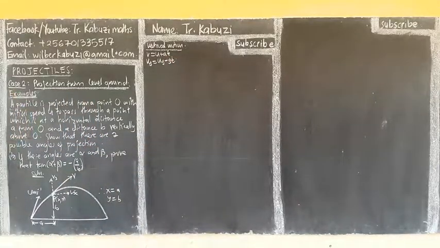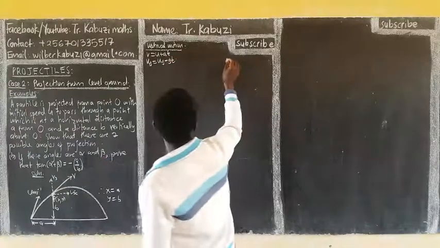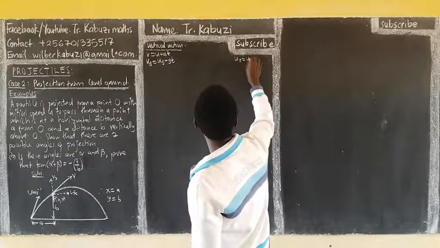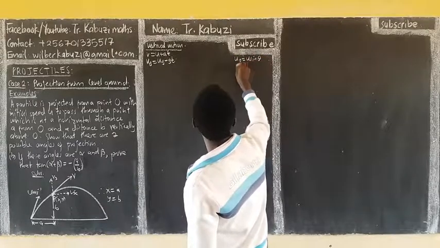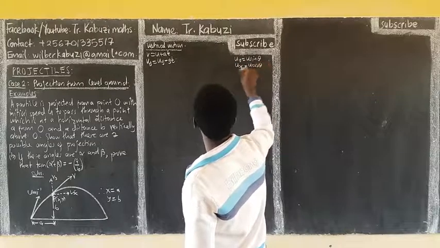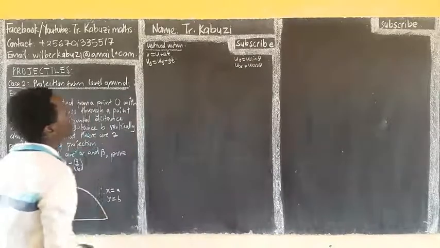Hope you remember that. We said our Uy is going to be u sine theta, and our Ux is going to be u cos theta, from the introduction part.